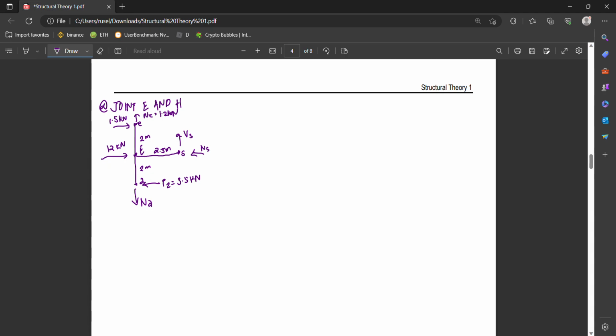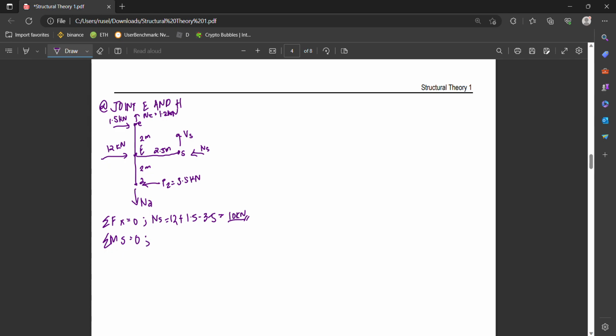So summation forces along X is 0 lang. So, NS is equal to 12 plus 1.5 minus 3.5. You will get 10 kilonewton.